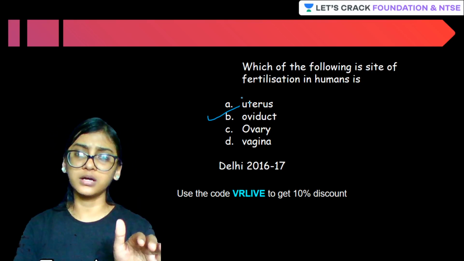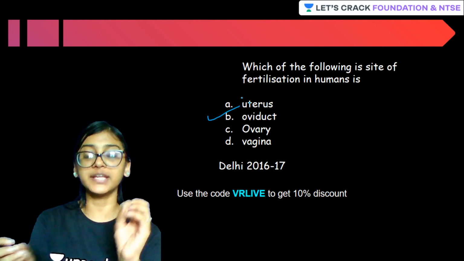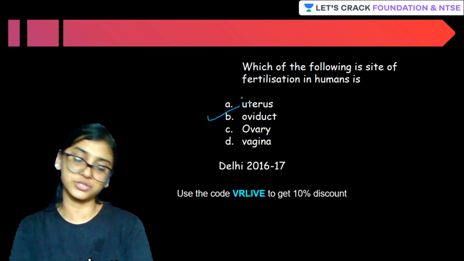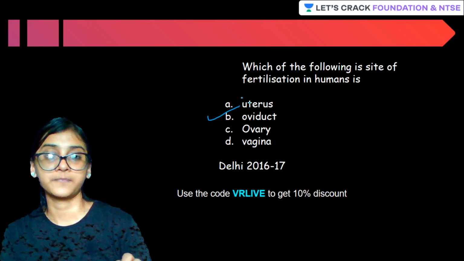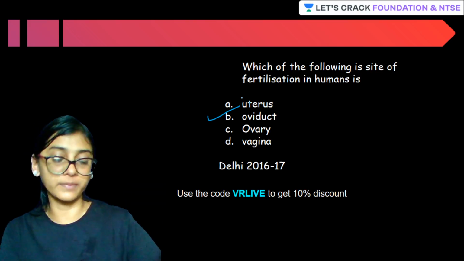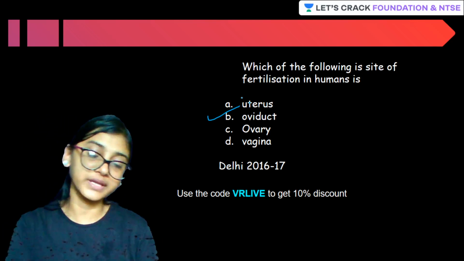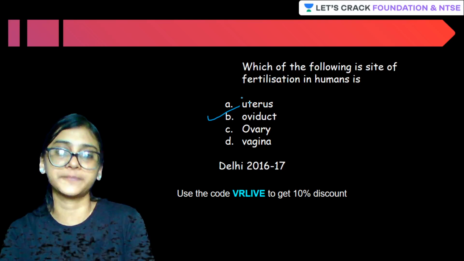In the ampulla isthmus part of the fallopian tube, we see fusion of male and female gamete, which is called fertilization. So fertilization of the female gamete, the ovum, happens in the oviduct. Okay, a recently and frequently asked question.